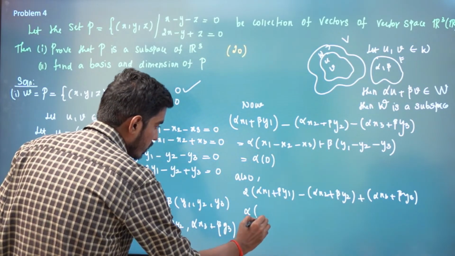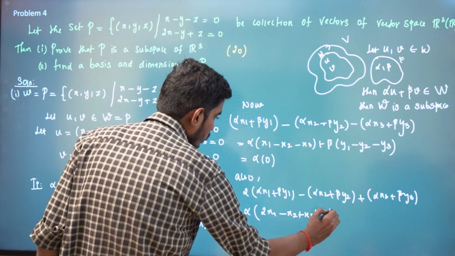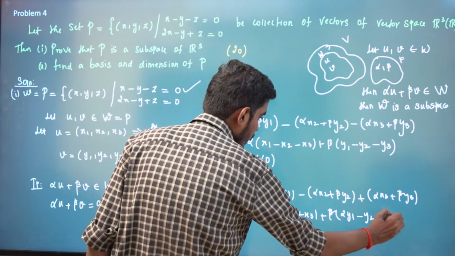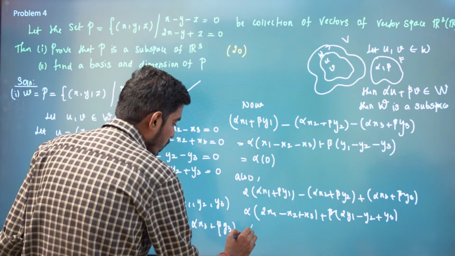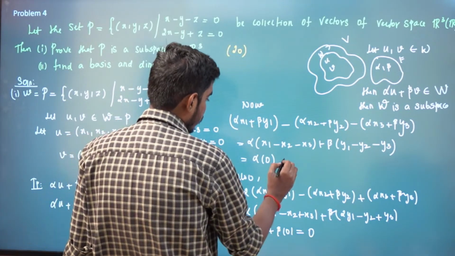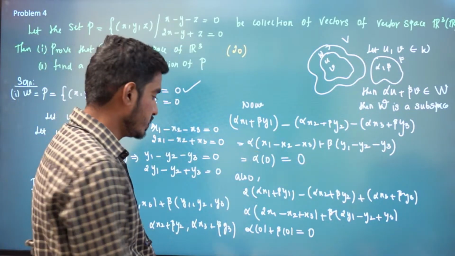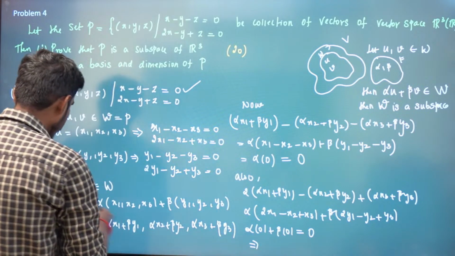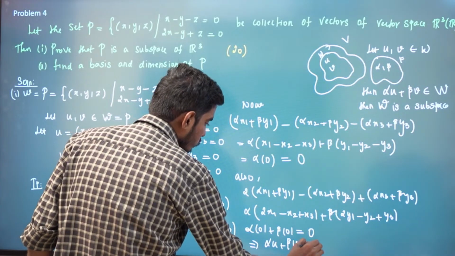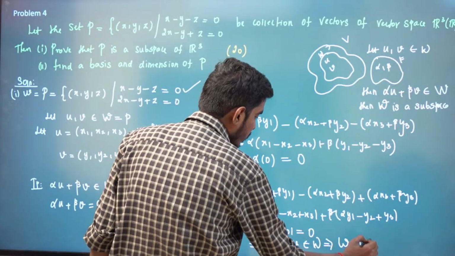Can I write this as alpha times (2x1 minus x2 plus x3) plus beta times (2y1 minus y2 plus y3)? So this is alpha times 0 plus beta times 0. So this vector satisfies both equations. This implies alpha u plus beta v belongs to W. So our set W, which is P, is a subspace.